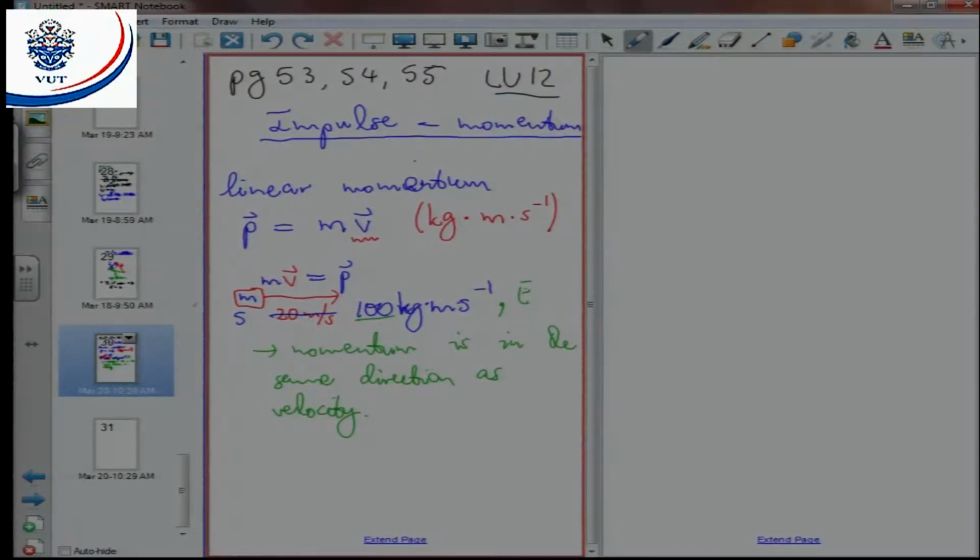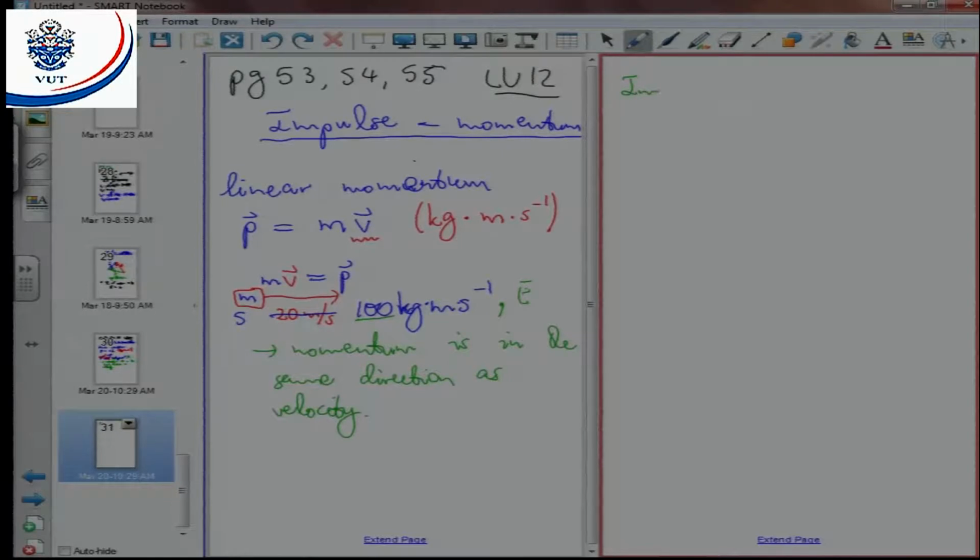Okay, and then by definition, impulse is given by the force acting on an object times the time, so how much time the force is in contact with an object. These are mainly forces to stop an object from moving or to accelerate an object.